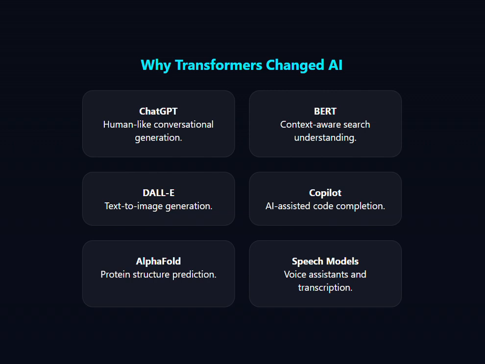Now if you take the second example of BERT, for example, the query is "bank near river." What old search would do is show you financial banks, like SBI or RBI or something. But what the transformer does is it understands the context, so it means a river bank.